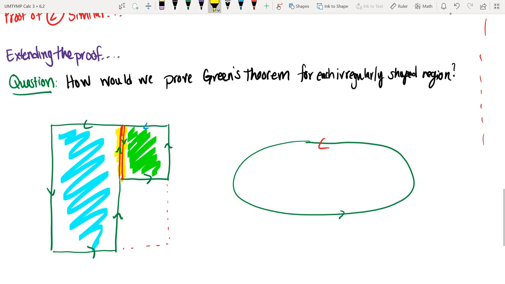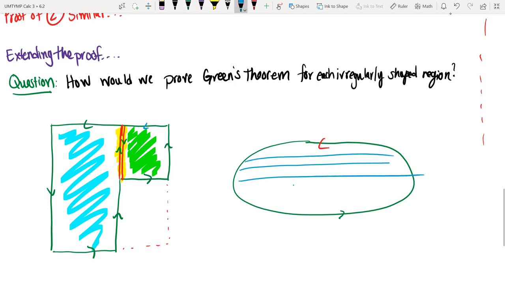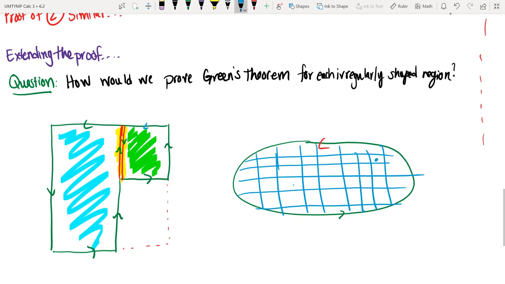Okay, for the second one, it's an oval, right? It's circular shaped, and so what we end up doing in this case is that we can remember our good old friend Riemann and his idea of taking a region and dividing it into rectangles coarsely, and then you can do Green's theorem for each one of these.